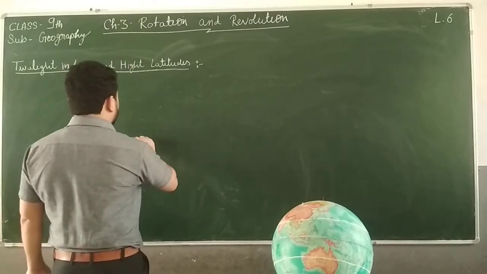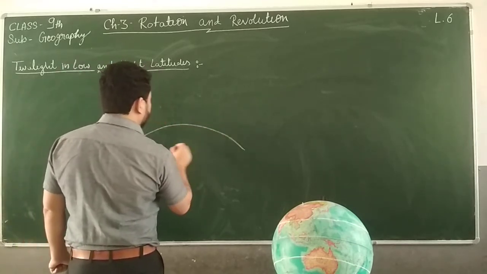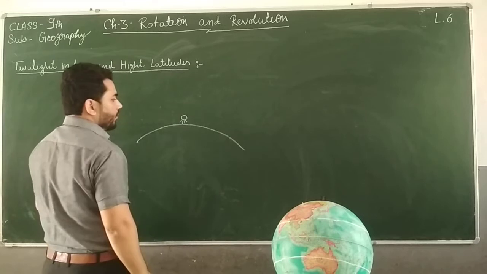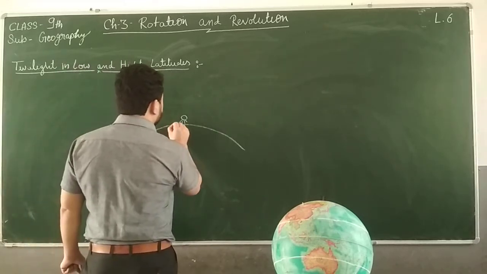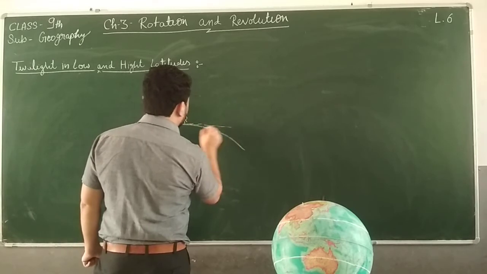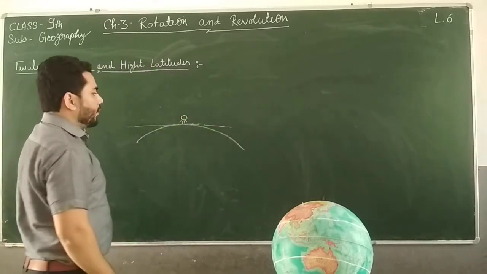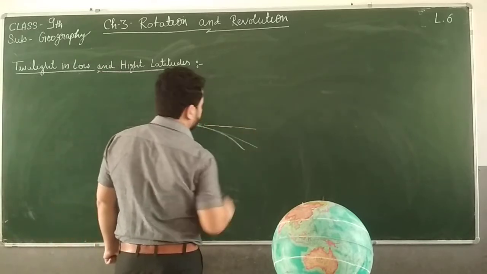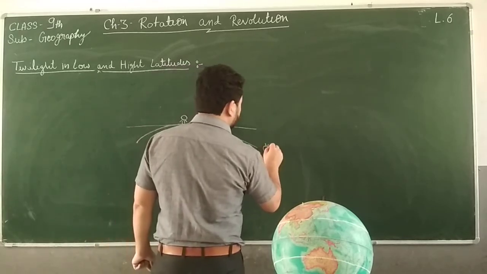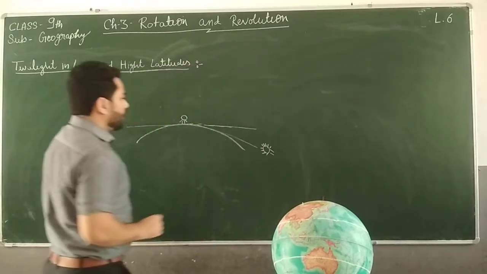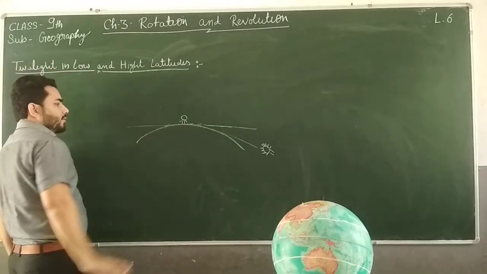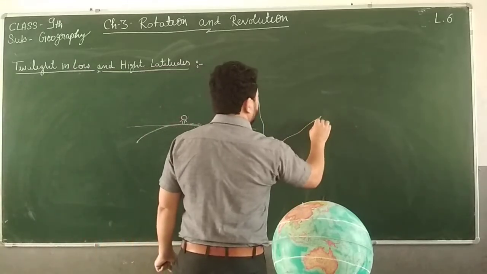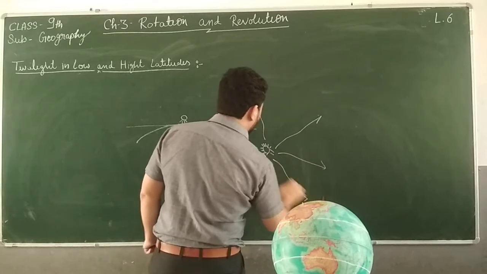So it is like this. Suppose you are here, this is the earth, right? And this is your horizon. If the sun is below 18 degrees, if the sun is here below the horizon, then you will not be able to see the sun, it will not appear to you, but still the sun is scattering its light everywhere.